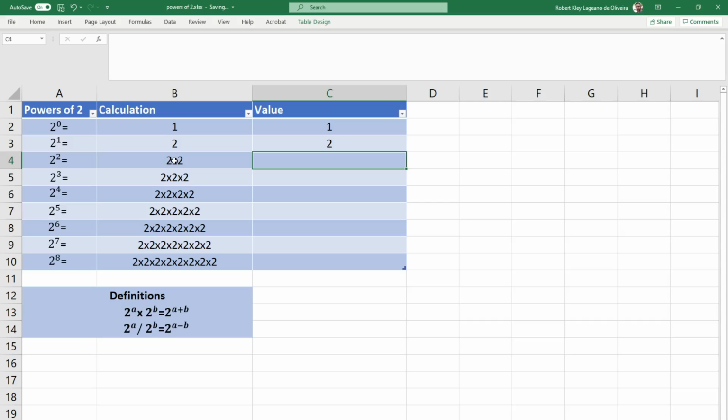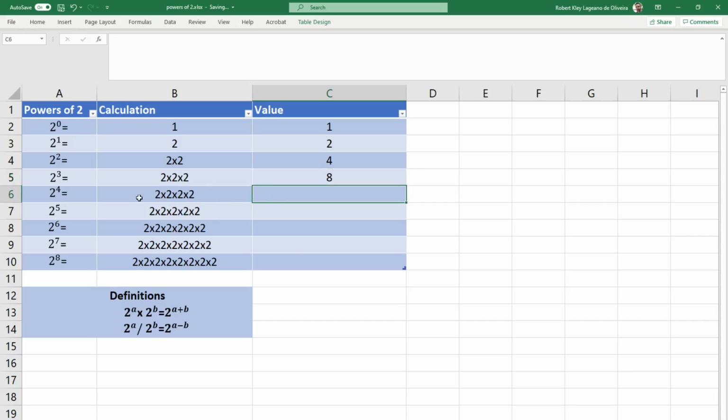Now 2 to the power of 2, which is just basically 2 times 2, is a 4. 2 times 2 times 2 one more time, it's just basically a number 8. Alright? Now because this is just exponents, they are growing by 1 each time, I can just basically take the previous one and just multiply by 2 one time.